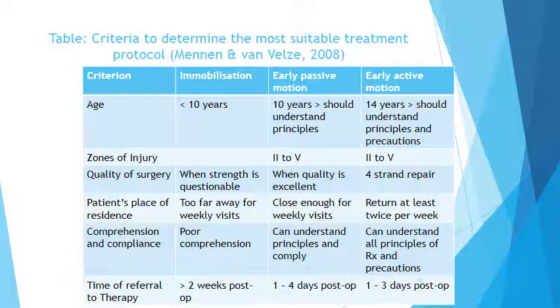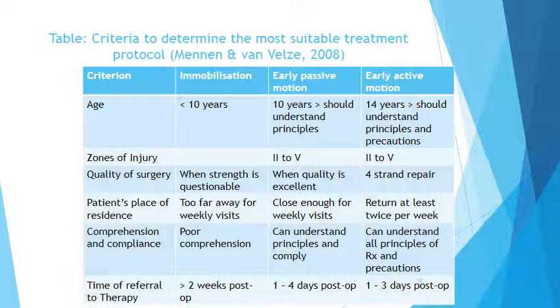Of course, you can give therapy advice, elevation for edema management as well, but this is definitely not the preferred method because adhesions will form and ROM will be a challenge.